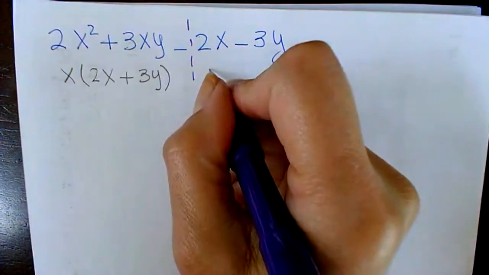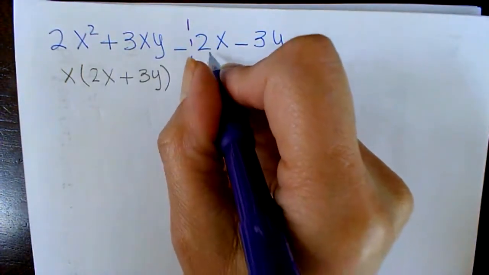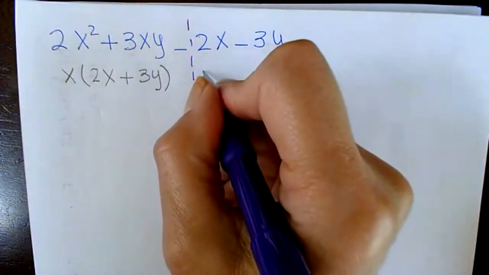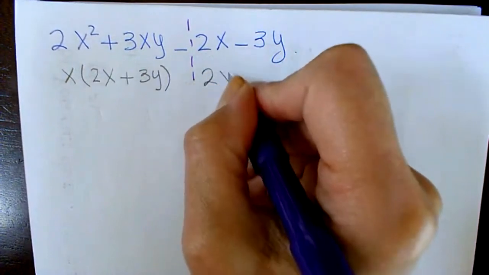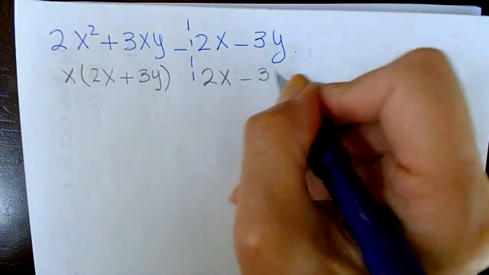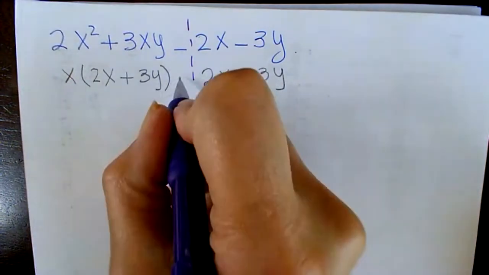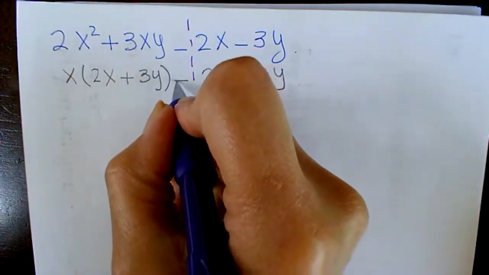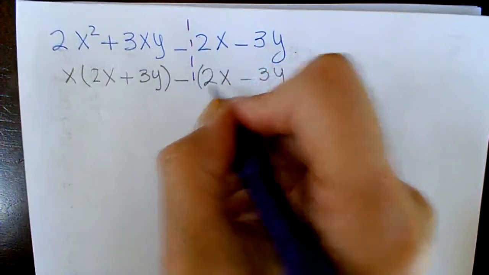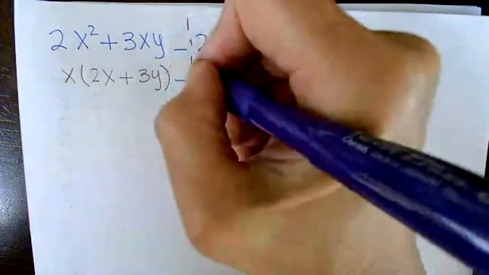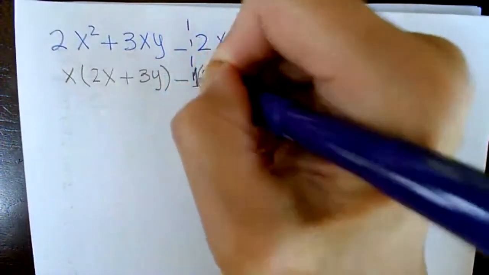Now, right here, there is no greatest common factor between the two of them. So if I write down the 2x minus 3y, I bring the negative down. Remember, there is a 1 here. So what happens?